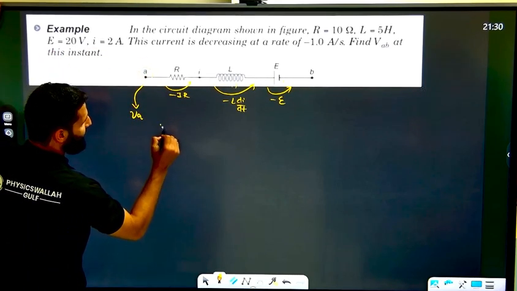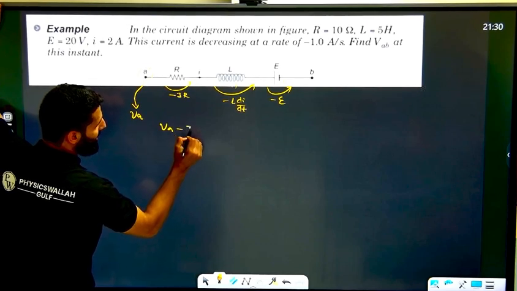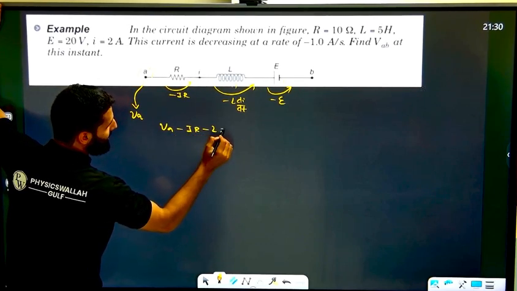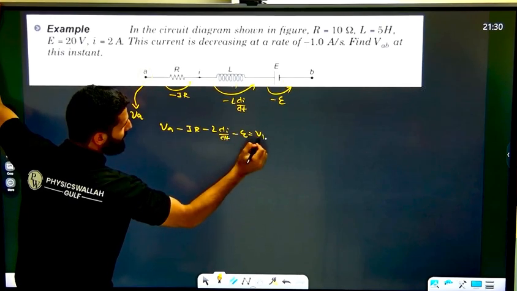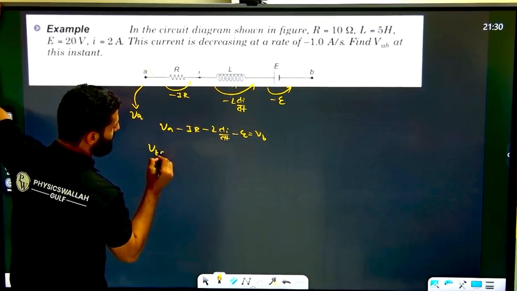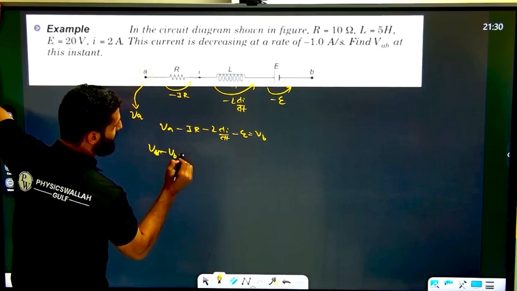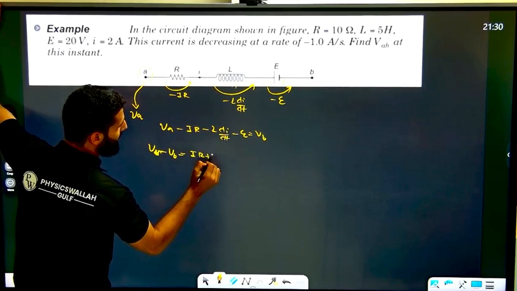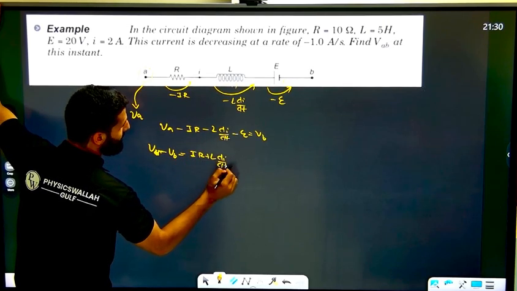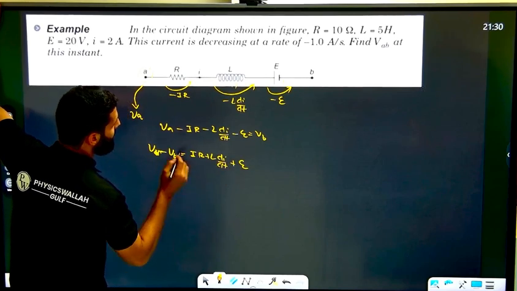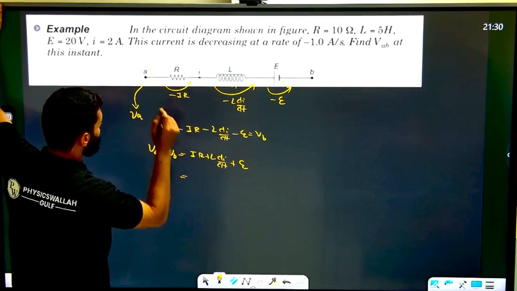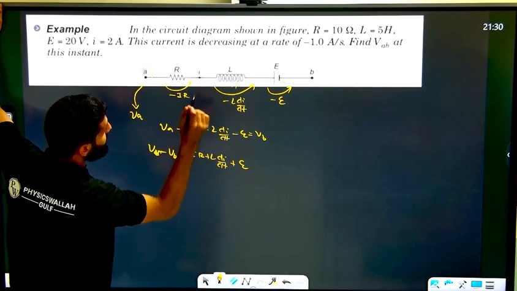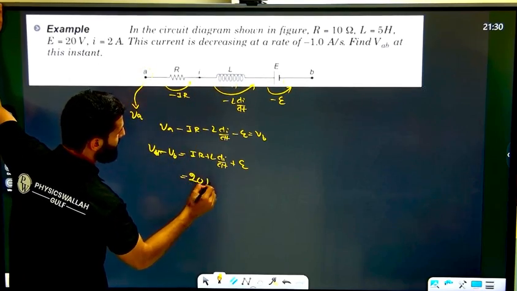So we will write VA minus IR minus L di by dt minus E will be equal to VB. So VA minus VB will be equal to IR plus L di by dt plus E. How much is I? 2 amp. 2 amp multiplied by 10 is 20. 20 plus L di by dt.